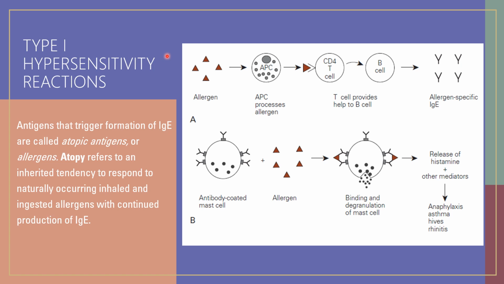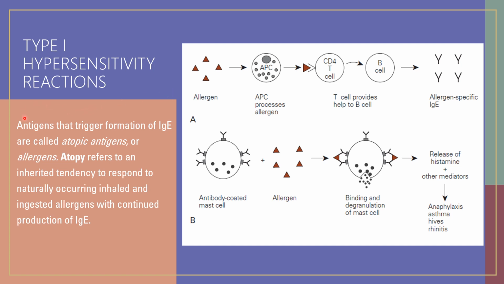Now, for your type 1 hypersensitivity reaction, or the allergic type of hypersensitivity reaction, or atopic type of hypersensitivity reaction, also termed immediate. There is a sensitization that will happen. A formation of antigen-specific IgE attaches to mast cells, and this will result in activation and degranulation of the mast cells.